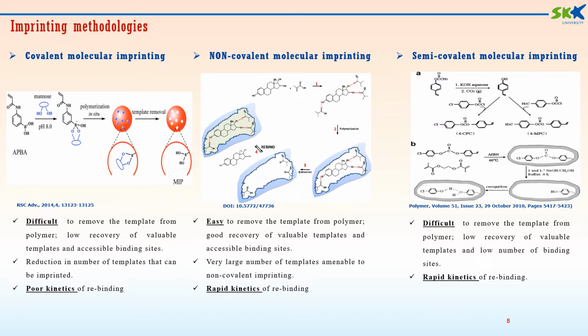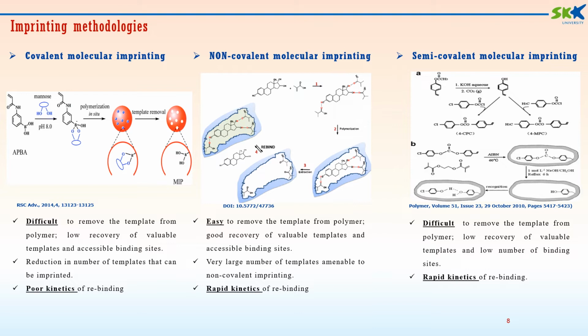But in the case of semi-covalent molecular imprinting, it is a mixture of the covalent and the non-covalent molecular imprinting. That means the interaction between the monomers and the template in the polymerization process is covalent. But removing the template is actually more difficult because it's covalently bound to the monomer.